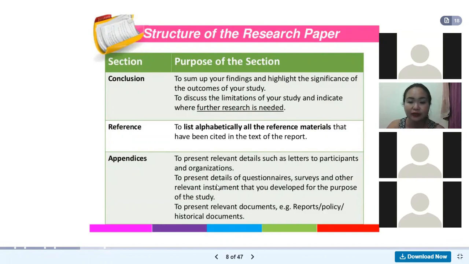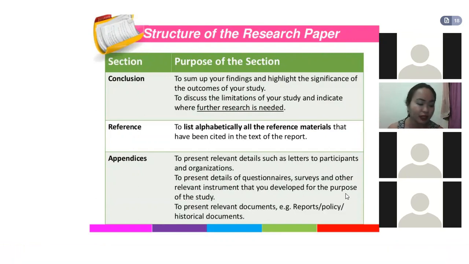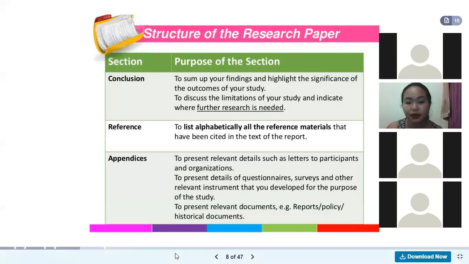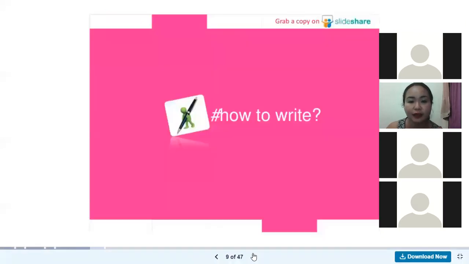Also to present relevant documents like reports, policies, or historical documents that you don't need to add inside your discussion, but are still relevant to be seen, so just put them in the appendices.